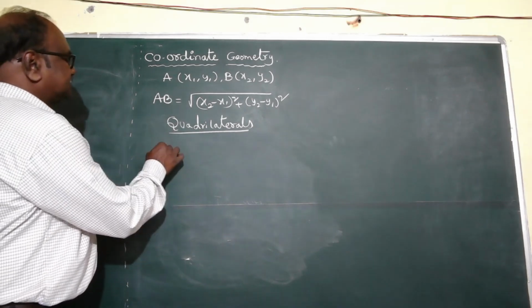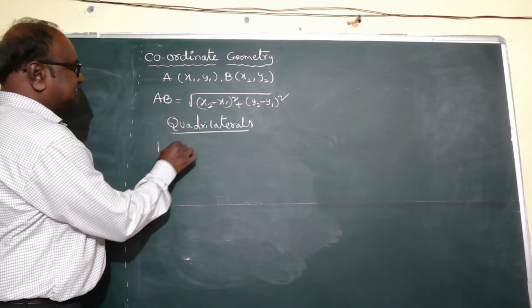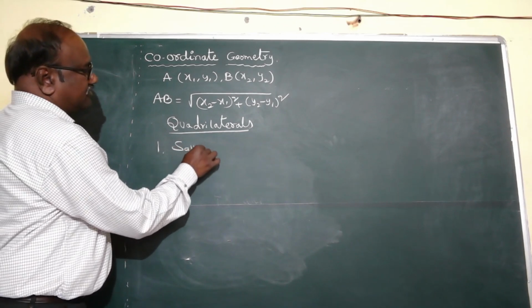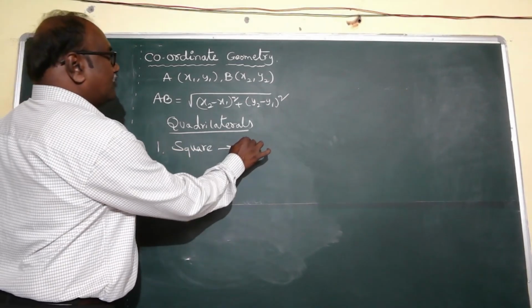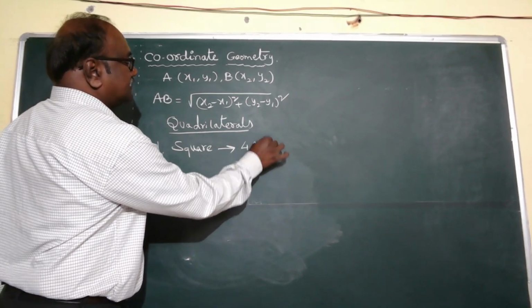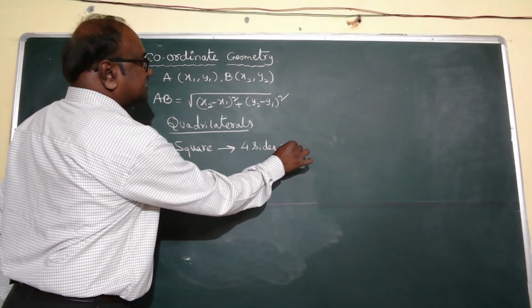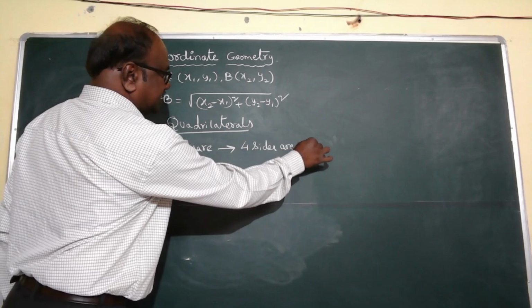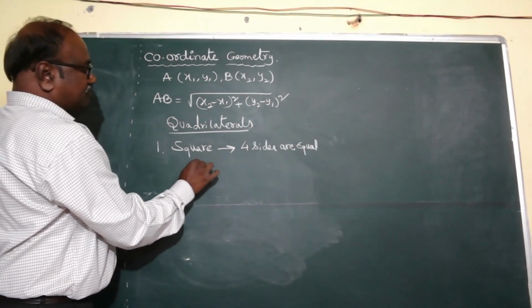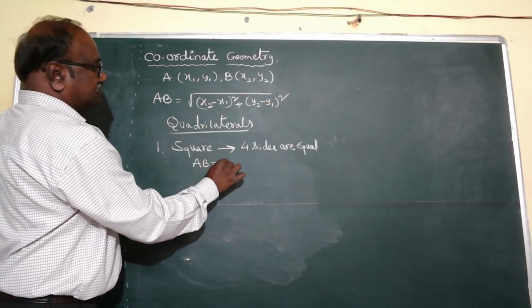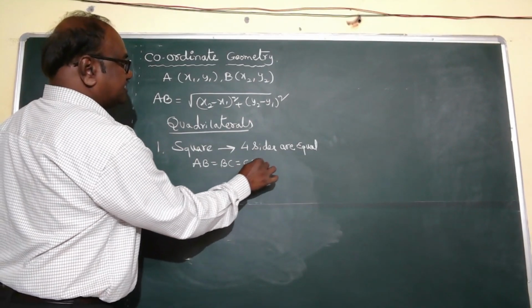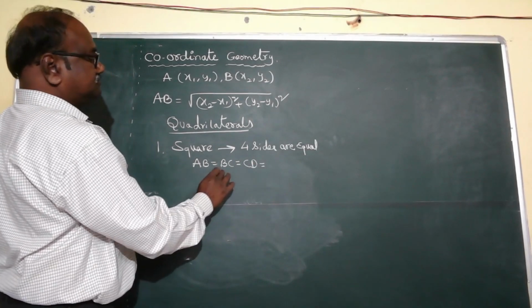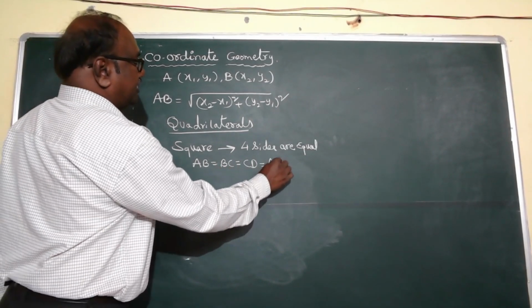Now, first one we know that is a square. We know the properties of a square. 4 sides are equal. 4 sides are equal means we are supposed to get AB is equal to BC is equal to CD is equal to AD.